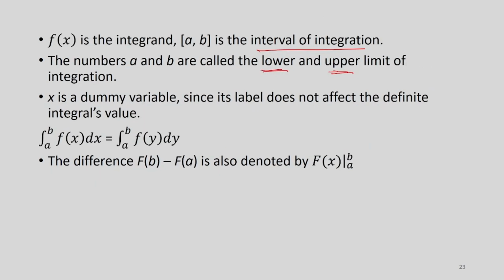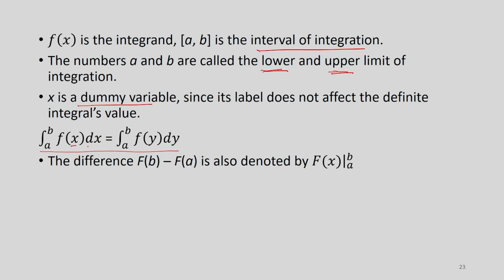Small x is a dummy variable here, since its label does not affect the definite integral's value. So, it is just a placeholder. It does not really matter what variable you use, the value of the definite integral remains the same. So, to make it clear, I have written this: integration of a to b f x dx is the same as integration of a to b f y dy.